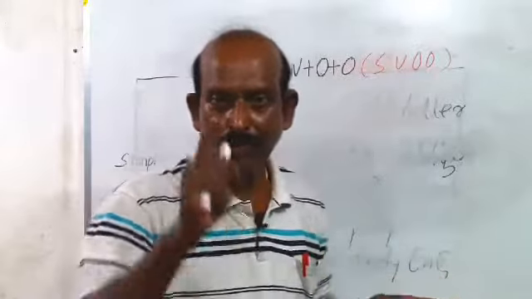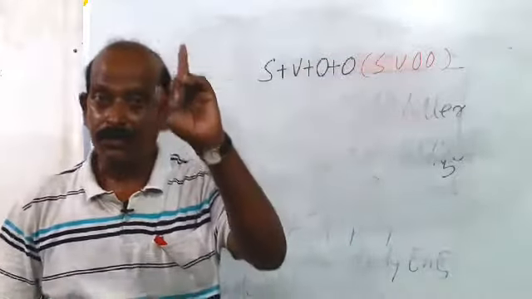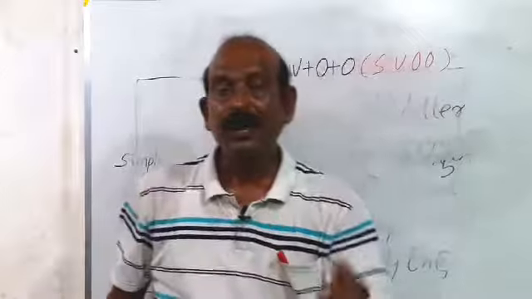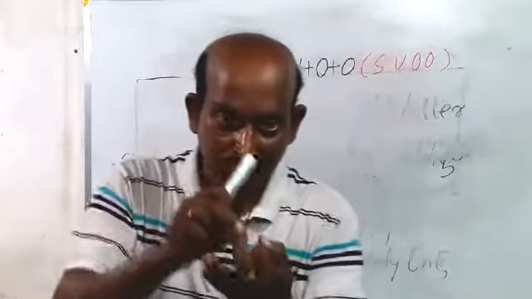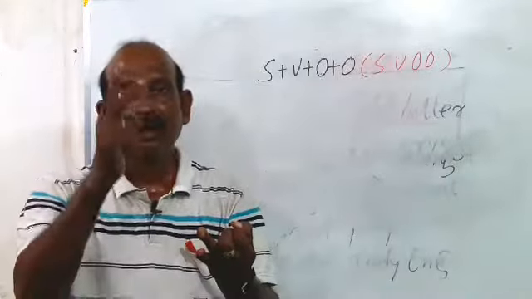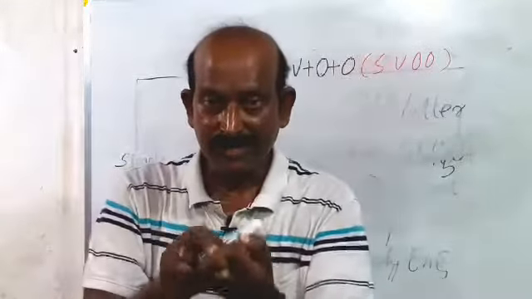If any verb doesn't take any object, that is called an intransitive verb. If the verb takes only one object after it, that is called monotransitive. And if any verb takes two objects after it, that is called ditransitive.